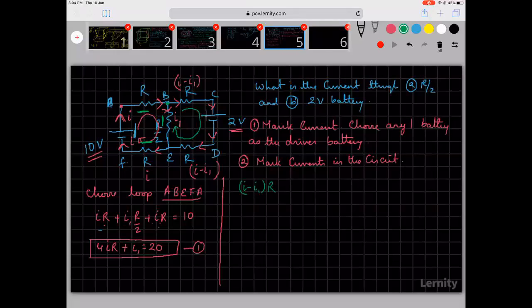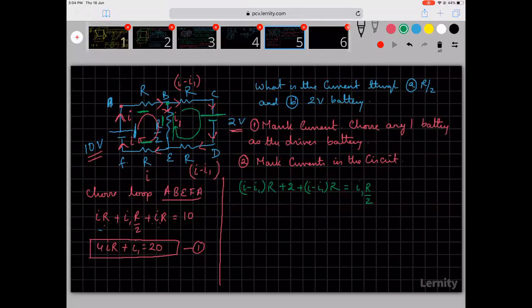Now you're going from positive to negative, so again you lose, plus 2. Here again you are going in the direction of current, so lose I minus I1 into R. Now here I am going against the direction of current, so equal to I1 into R by 2.